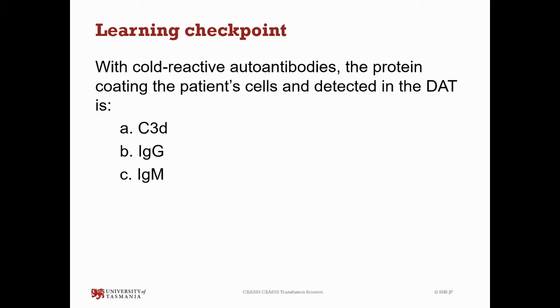So what are we using in the DAT, the direct antiglobulin test? What's the reagent that we use to detect those sensitized red cells? And remember, these red cells have been sensitized. They haven't been hemolyzed, they've been sensitized.